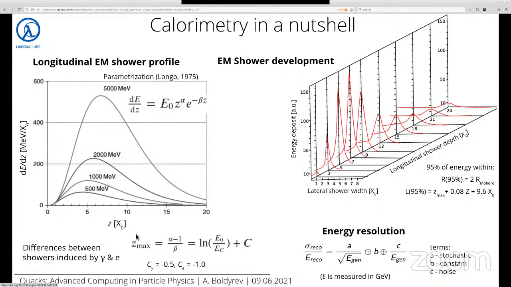The figure on the right shows the electromagnetic shower development. The lateral shower width is parameterized using the Moliere radius, and the longitudinal shower depth can also be parameterized. Capital Z is the atomic number of the calorimeter material. The energy resolution can also be parameterized using this formula.